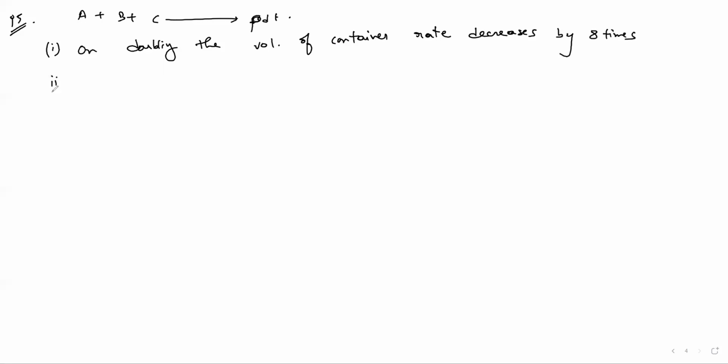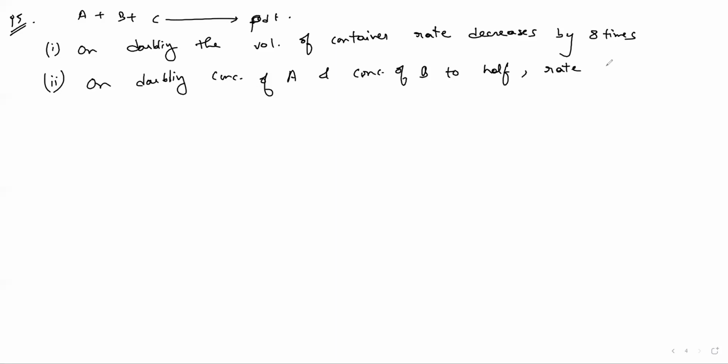Second, on doubling the concentration of A and reducing the concentration of B to half, rate becomes 4 times.